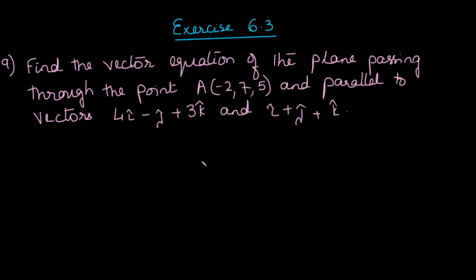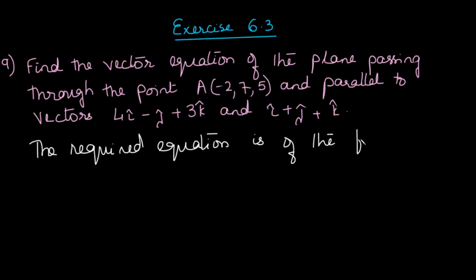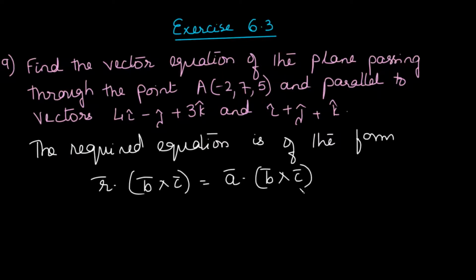So they have told us to find the vector equation. Now the required equation is of the form r dot b cross c is equal to a dot b cross c, because we have a point on the plane and two vectors which are parallel to the plane.